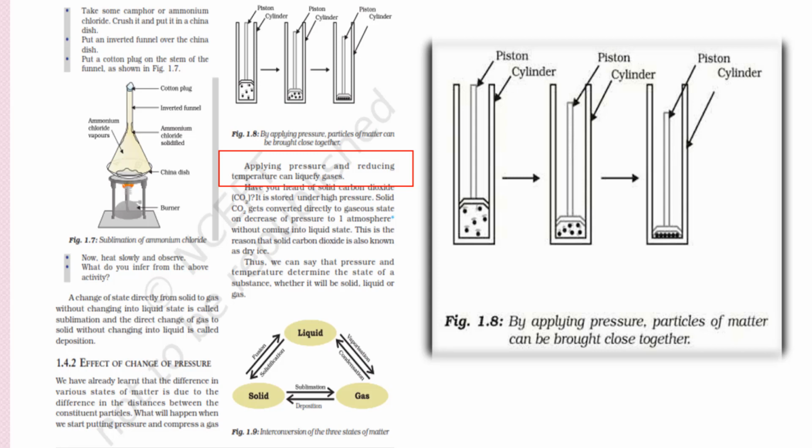In the first one, the application of pressure is less. In the second one, it is gradually increased, to the third one, where there is a maximum increase in the pressure. This experiment clearly proves that there is definitely an impact of the application of pressure on substances.